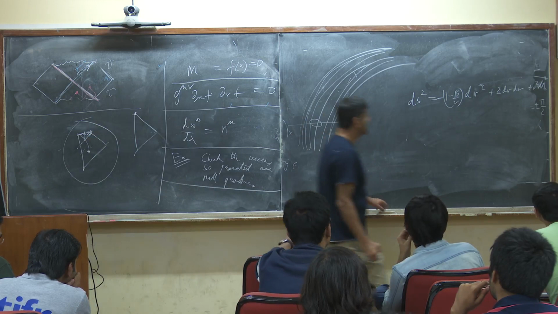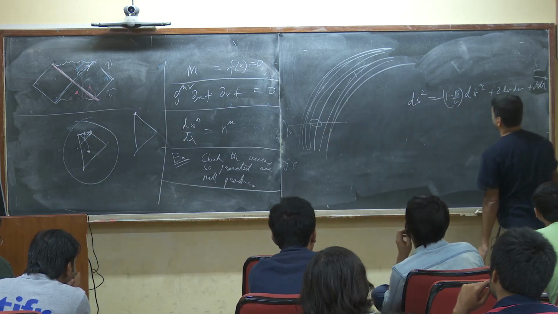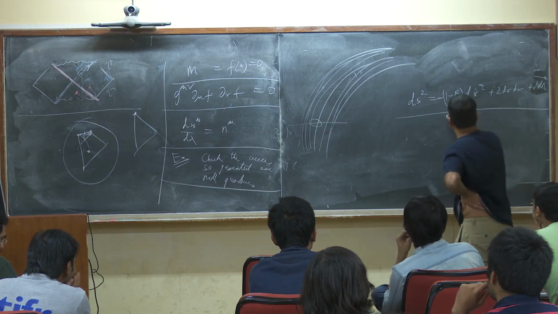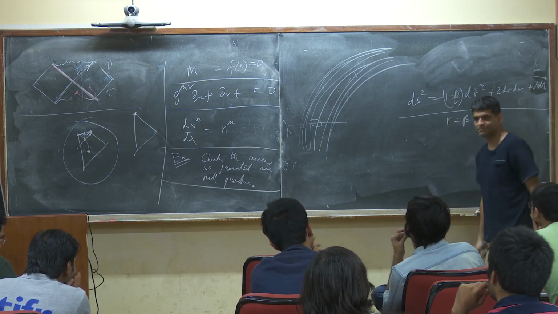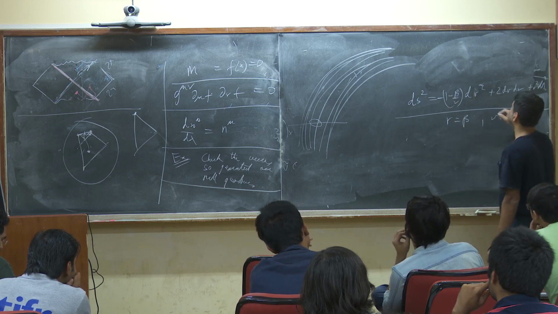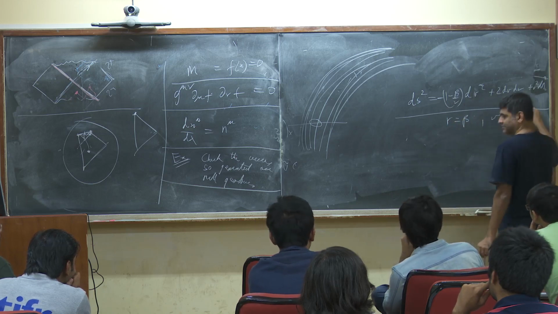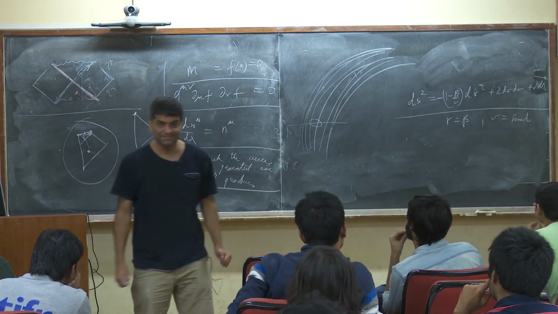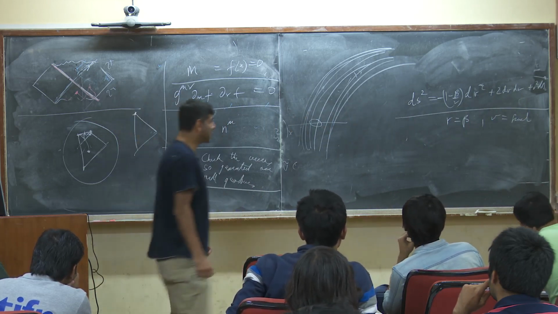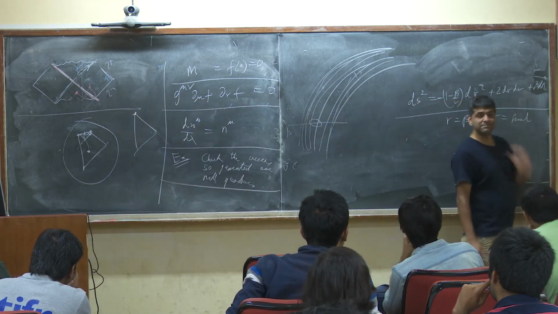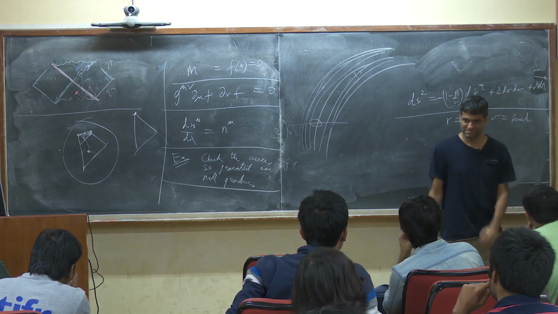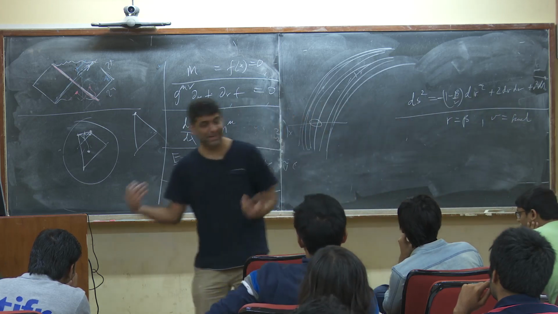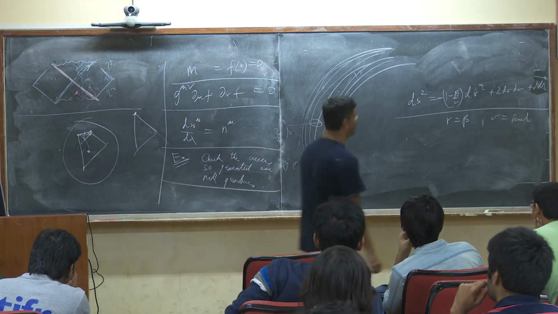Now suppose I look at the surface r equals beta and v equals fixed. This is now a two-dimensional manifold because I've specified two coordinates. What is the area of this two-dimensional manifold? 4 pi r squared, which is 4 pi beta squared.